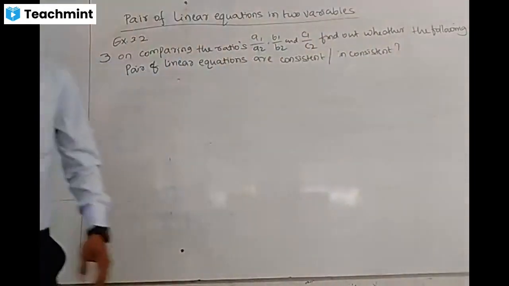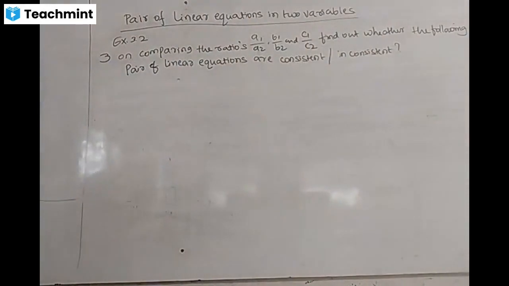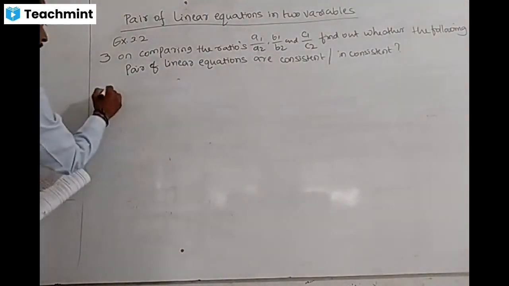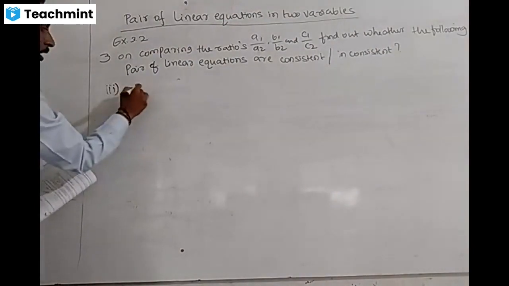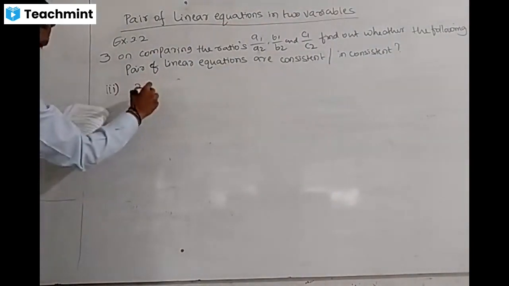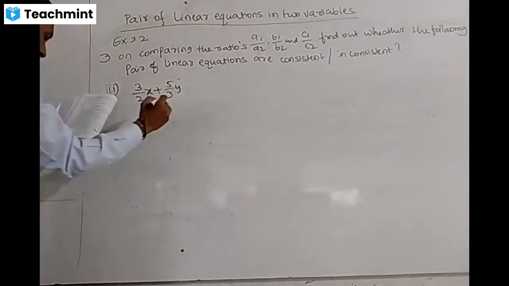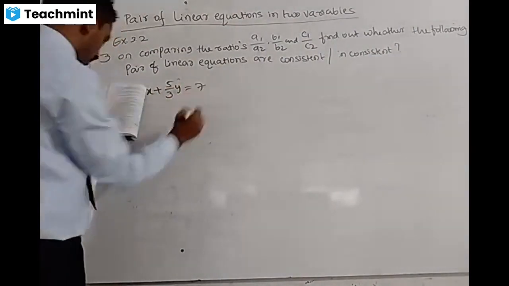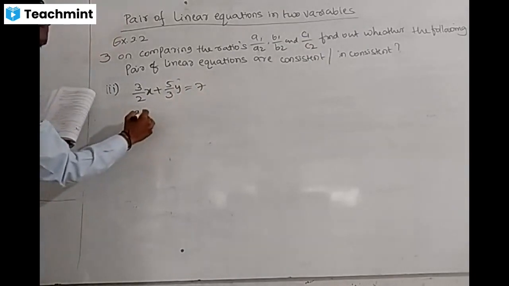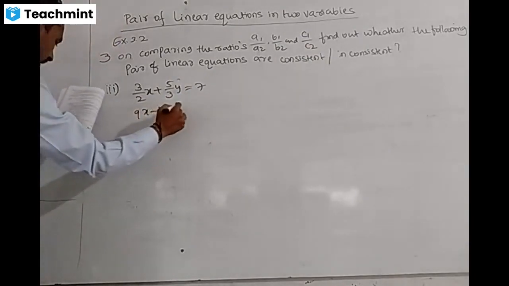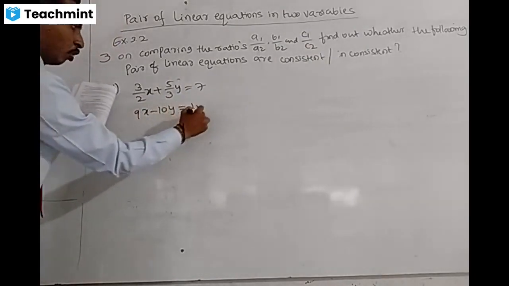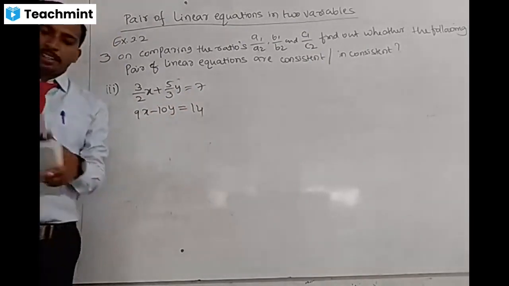And now, the third example is 3 by 2x plus 5 by 3y is equal to 7, and 9x minus 10y is equal to 14.